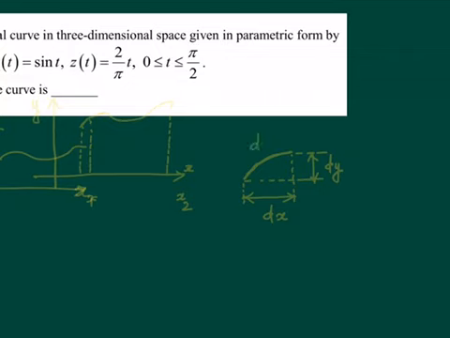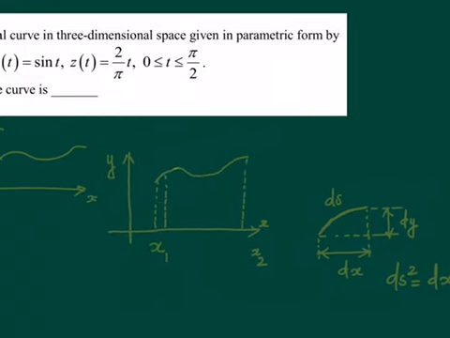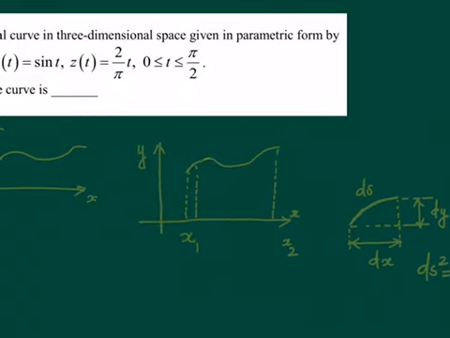Let's say ds is the length of the curve in that small portion, then ds square is equal to dx square plus dy square. Makes sense? So now we have effectively computed the curve length in this particular portion.